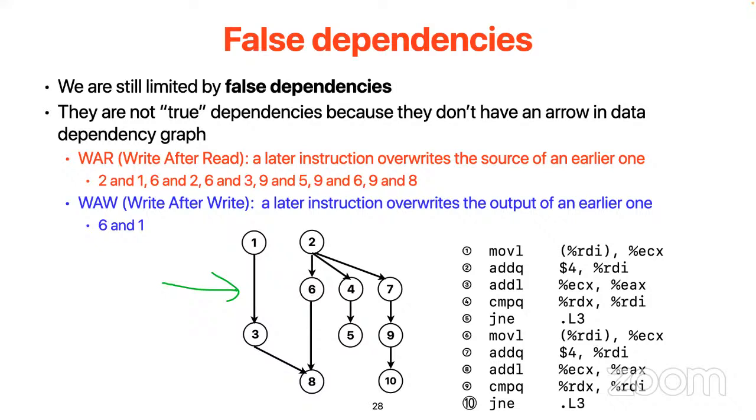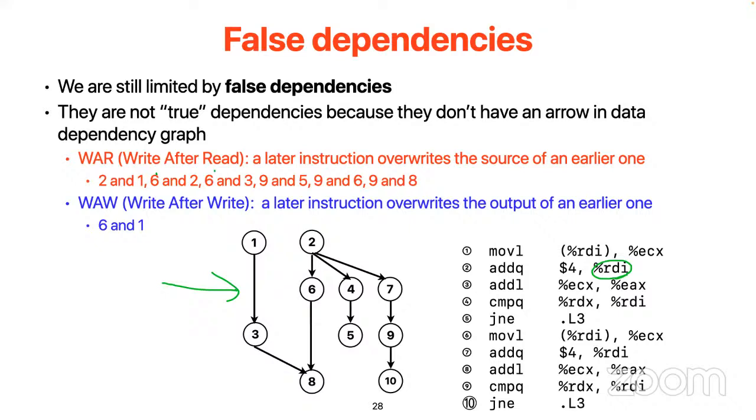So you cannot reorder them. We saw this in 1 and 2, 6 and 2, and 6 and 3. For 1 and 2, if you change the value of RDI, 1 is not going to be correct.